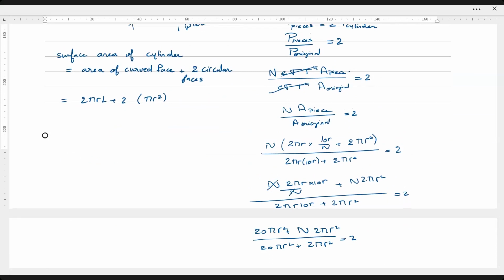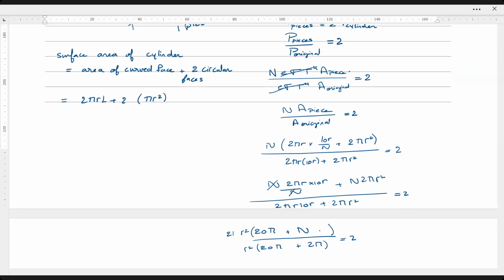So I can just substitute. One thing we also notice is if you take r squared as a common factor here and here, it's going to cancel out with the denominator, which has r squared as well. We can also take 2 pi as a common factor.